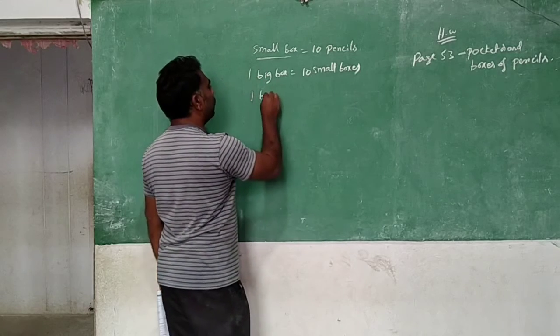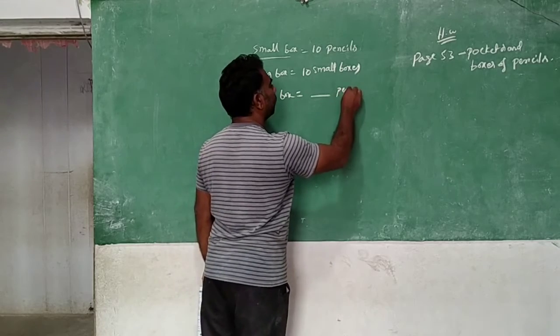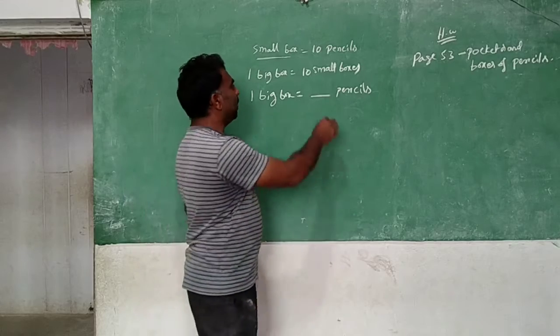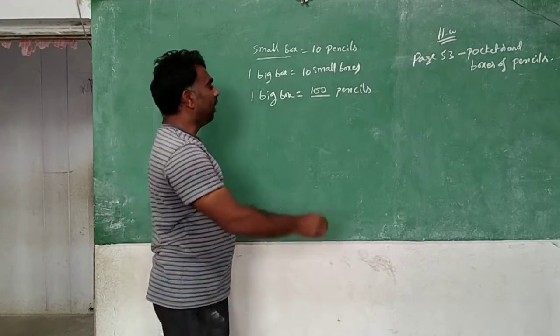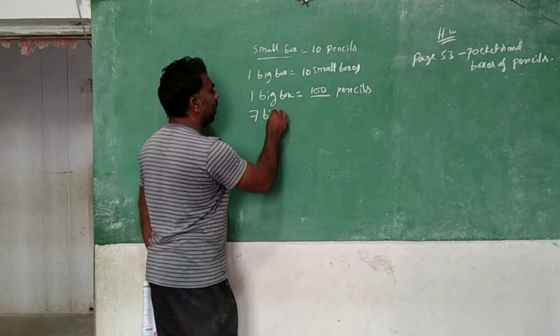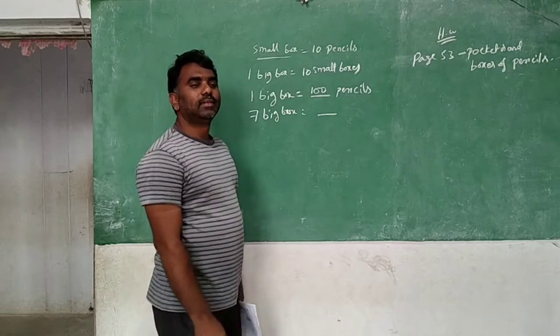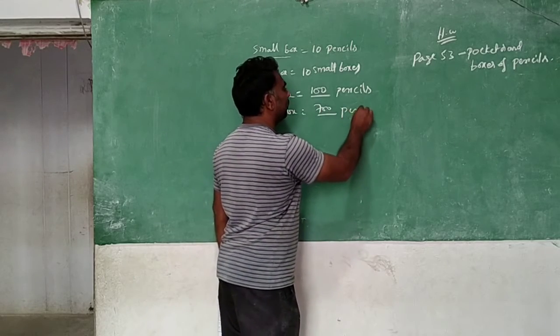Now, in one big box, how many pencils are there? Very good, 100, because there are 10 of them. Like this, in 7 big boxes, how many pencils are there? Very good, 700 pencils.